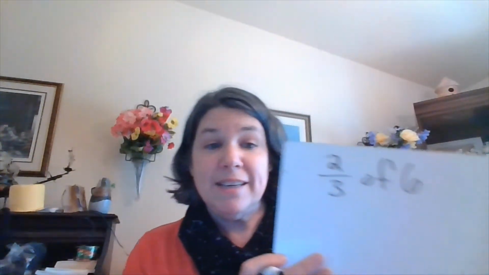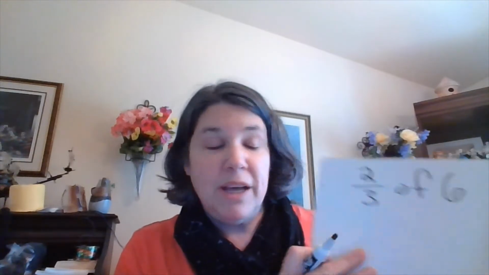Do you remember the multiplication method to find these answers? This is a little easier because you don't have to draw a model, which is nice. So in the multiplication method, when I have 2/3 of 6 here, all I have to do is change that "of" to a multiply. So it's 2/3 times 6, right?